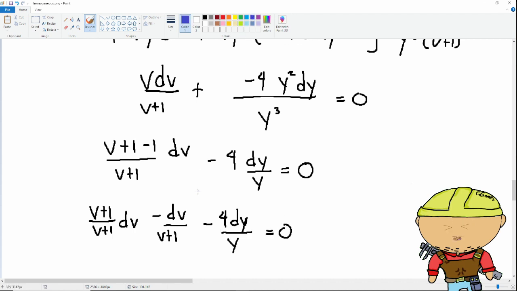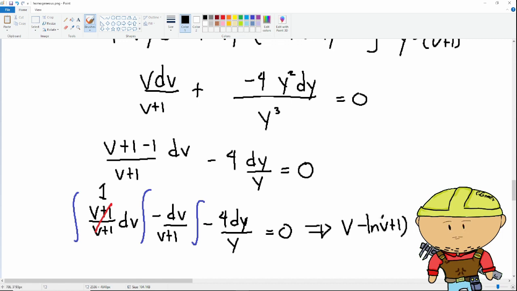Okay, integrate each term. Okay, and also we cancel this first. Okay, this will become 1, right? Okay, so the equation will now be v minus ln v plus 1 minus 4 ln y.